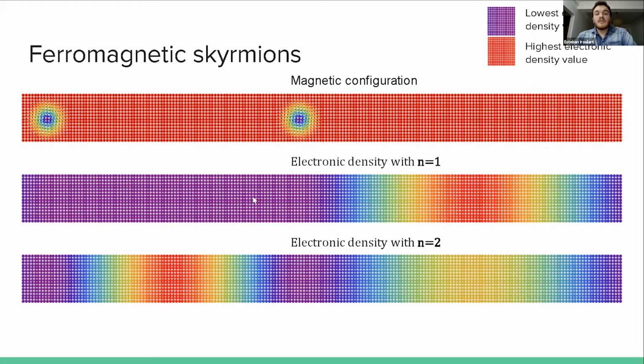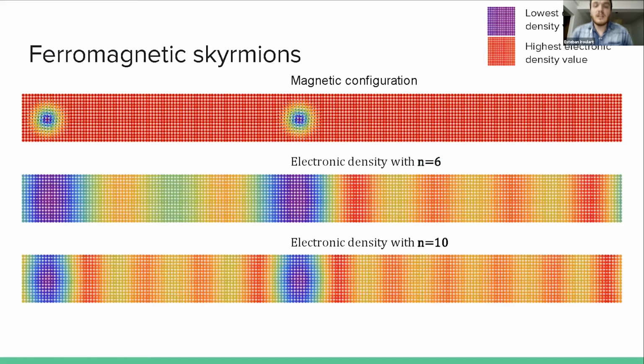Here purple represents the lowest value of the density and red the highest. We see here that the electronic density remains null in the region where the skyrmions are, and there are electronic modes in the region between the skyrmions that will act like a potential barrier for the electrons.